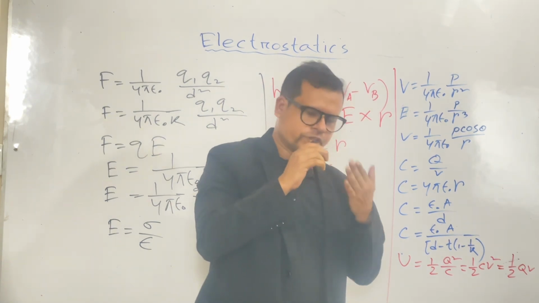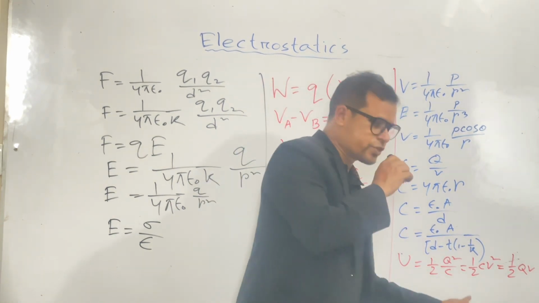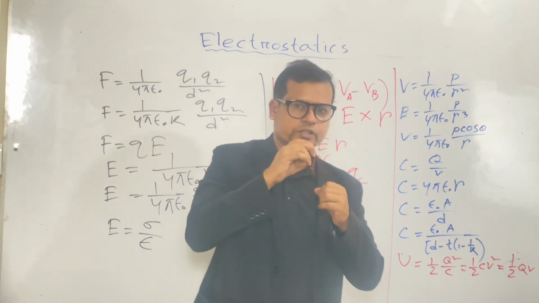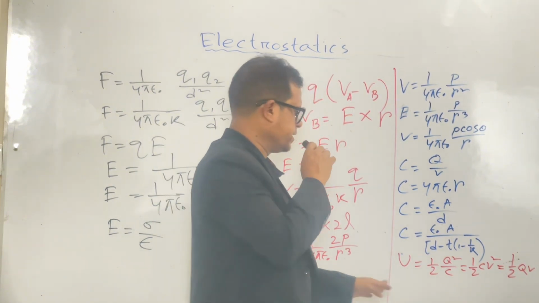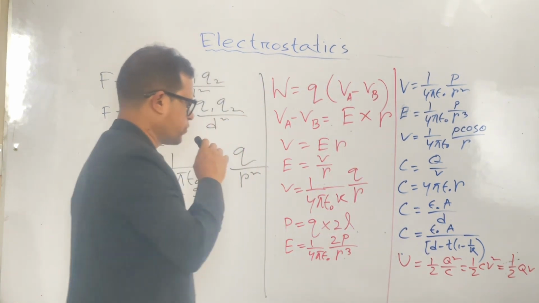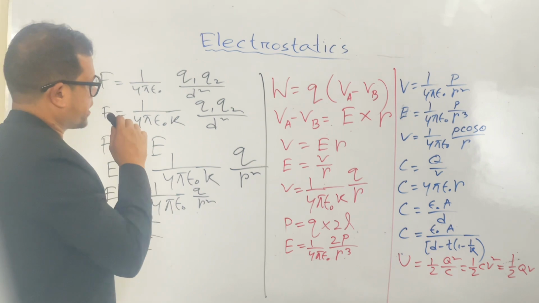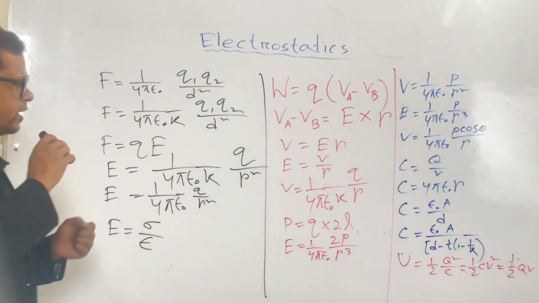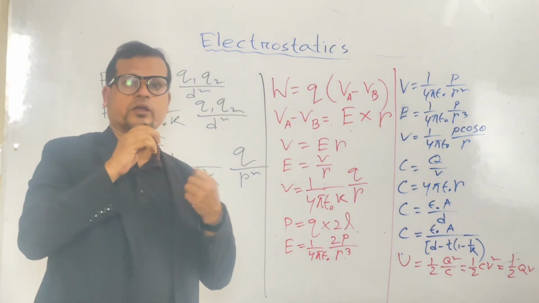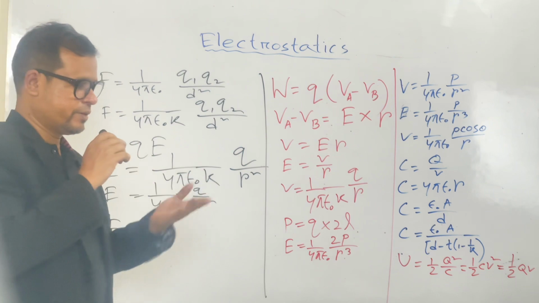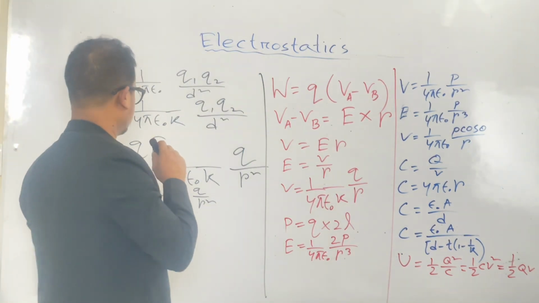If it gives you charge and capacitance, then you apply half Q square over C. This formula is very essential for doing mathematics. And dear guys, I guess there are 5 or 6 formulas or equations remaining, and I'll give those in the next lecture, next slide.